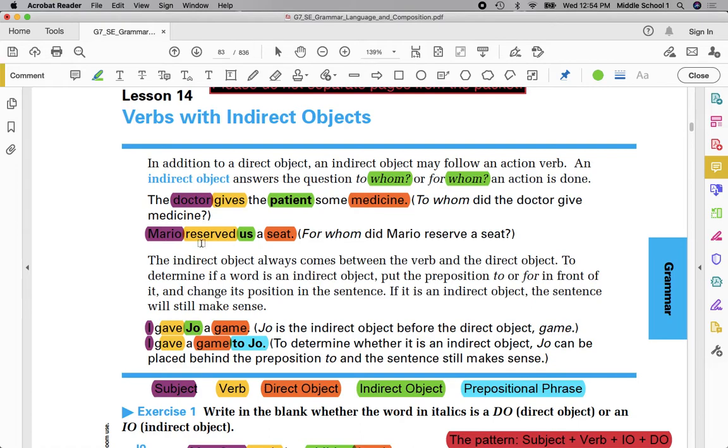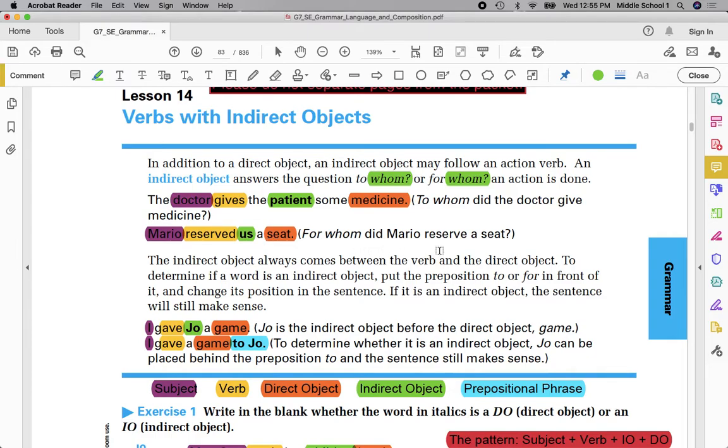Mario reserved us a seat. Subject, verb, reserved what? Seat. To whom or for whom was it given? Us. Again, notice the pattern. Subject, verb, indirect, direct. It will follow that pattern.